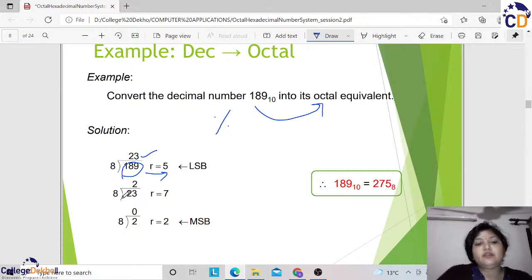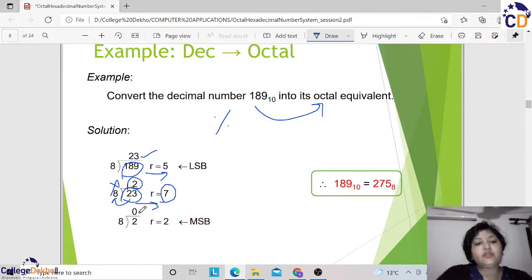Again, you have taken 23 divided by 8, and you will get some quotient that is not equal to 0. So again you have to repeat the step. You get the remainder 7, right? Then you take 2 divided by 8.